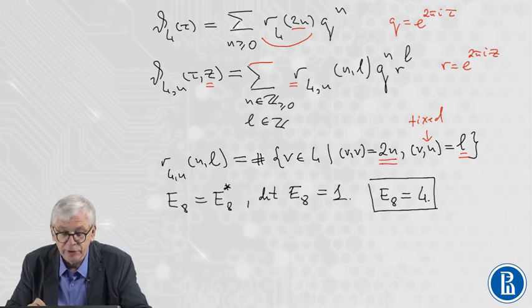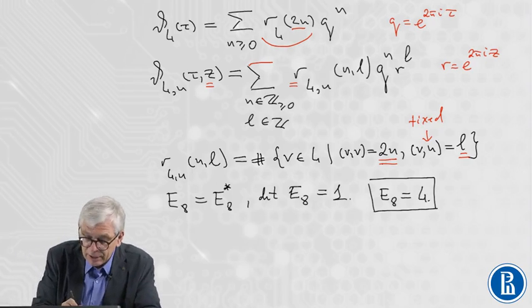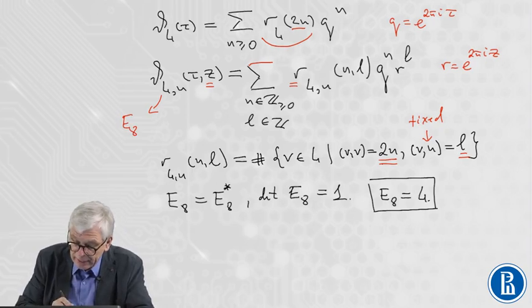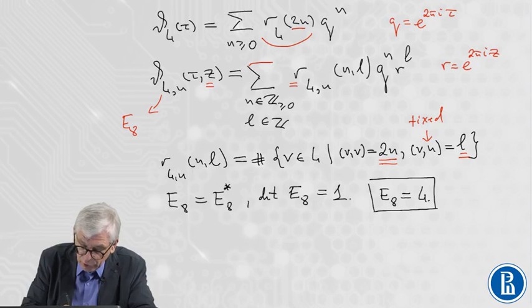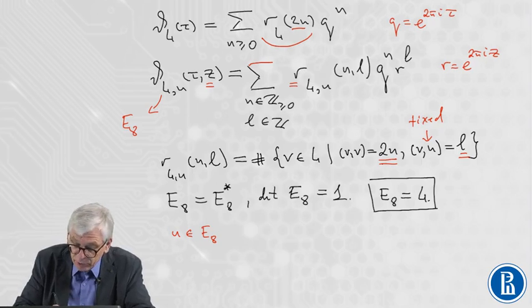We consider the corresponding Jacobi theta series for L equal to E8. And now let's assume that U is a root of this lattice. A root means a vector of square 2.